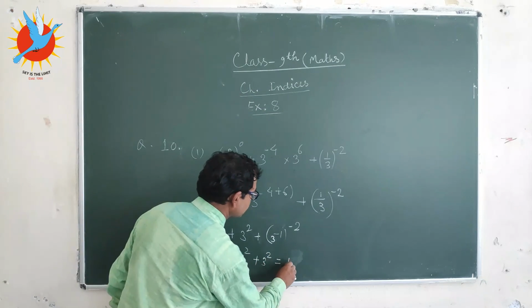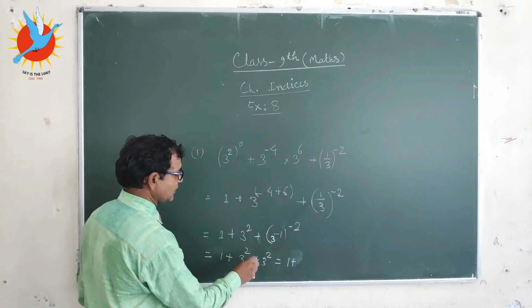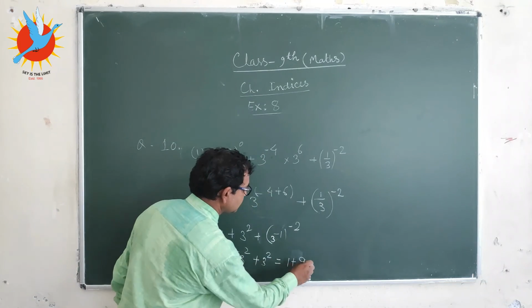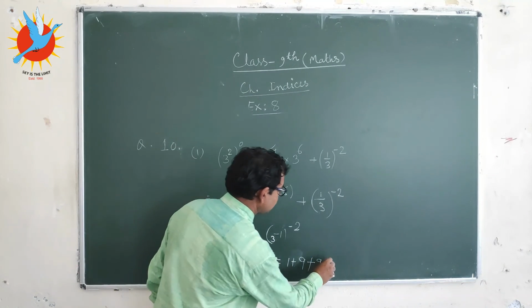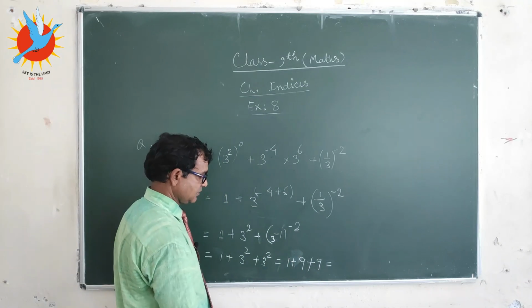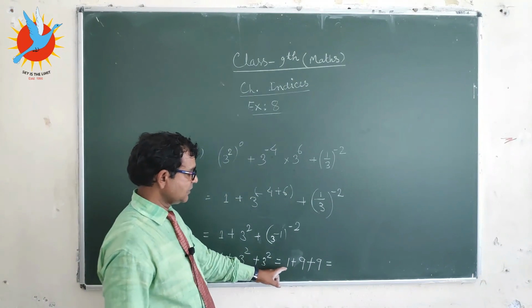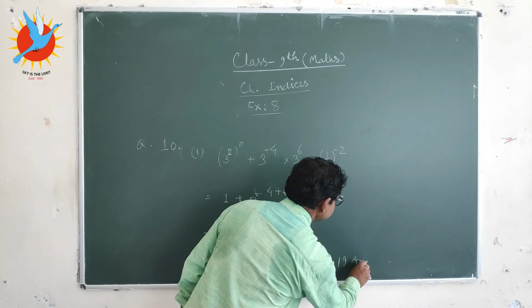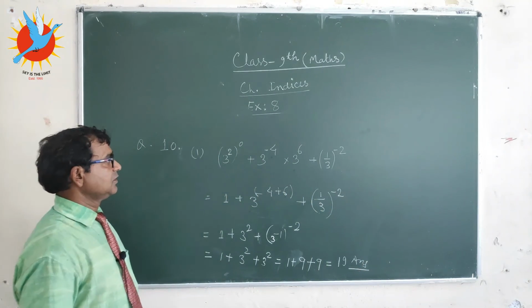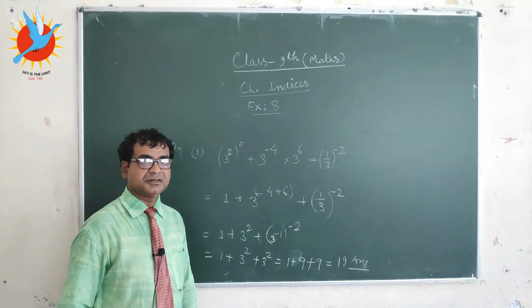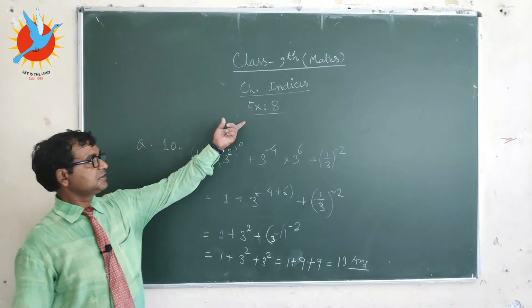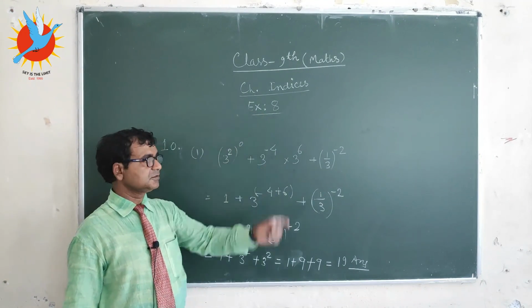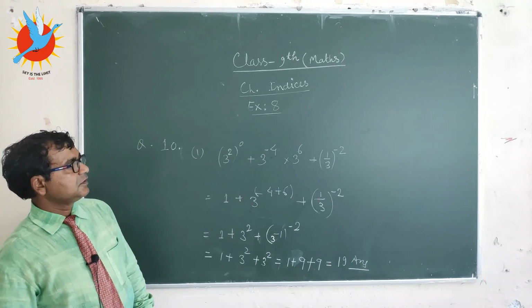This can be written as 1 plus 3 square 9, and this 3 square is also 9, and this will become 9 plus 9 is 18, plus 1 is 19. Okay student, the rest of the problems of this exercise 8 we will discuss in the next video.